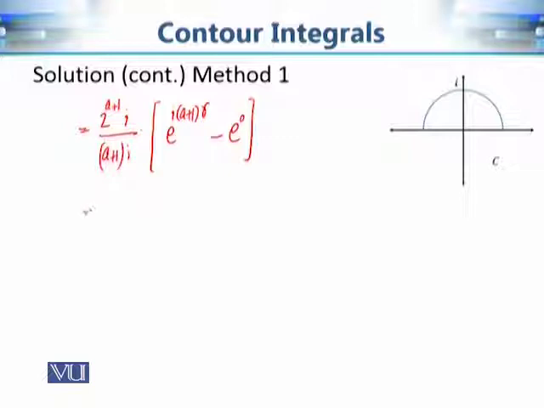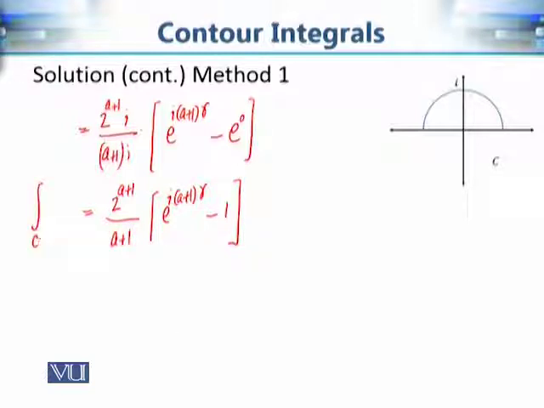So simplifying further, what do we get? 2 raised to power a plus 1 divided by a plus 1 times e raised to power iota (a plus 1) gamma minus 1.